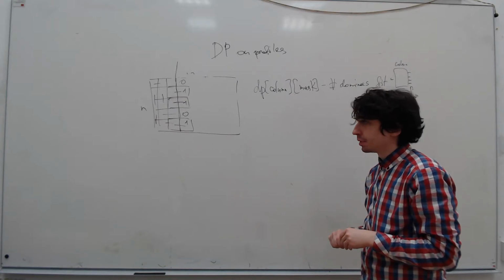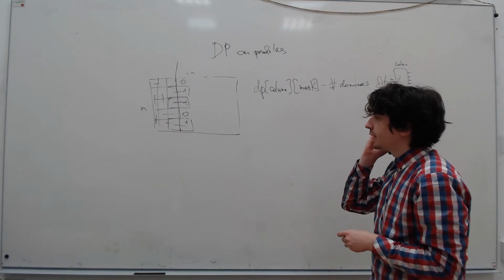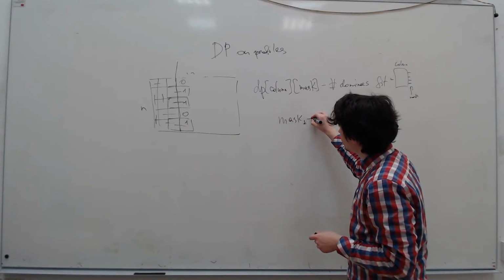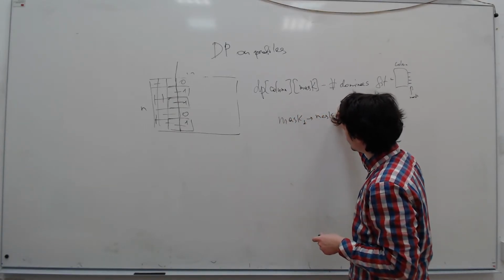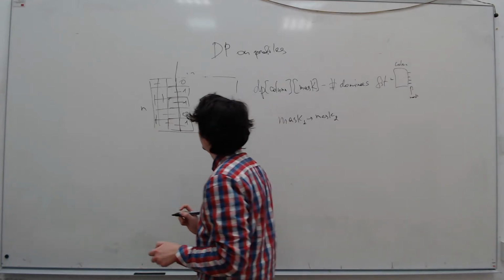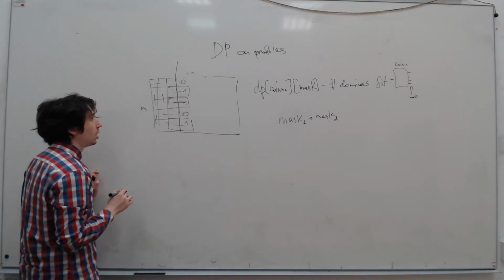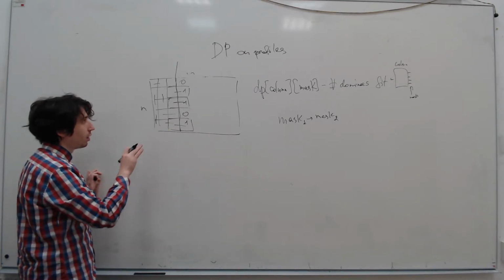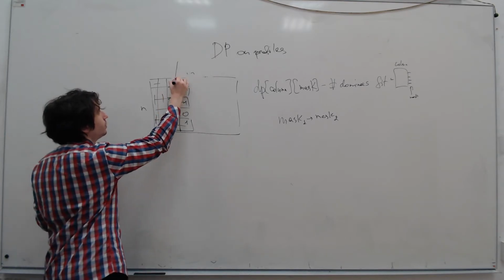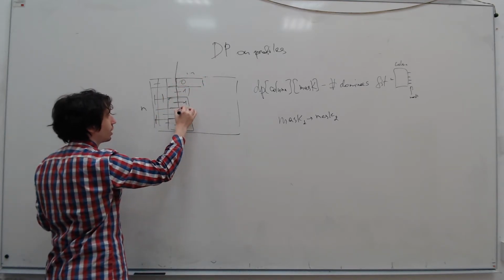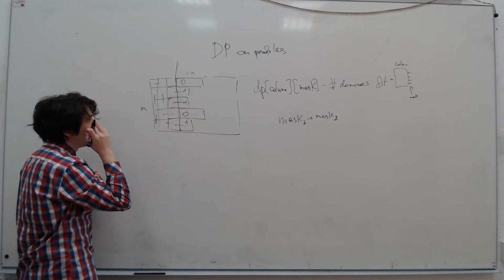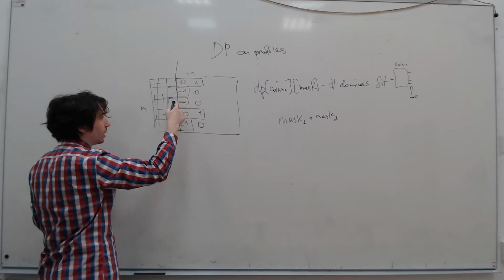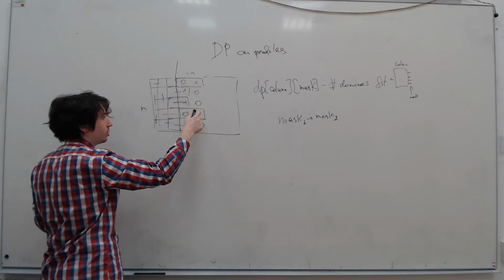So it is quite simple. You need to understand, can you traverse from mask 1 to mask 2? For example, here there is only one possible mask that can be next. So it should be like this. You should add a domino here and a domino here, and you will go from 0, 1, 1, 0, 1 to 1, 0, 0, 1, 0.